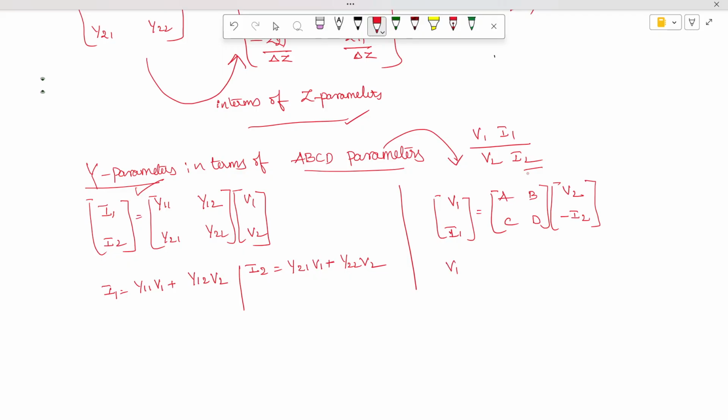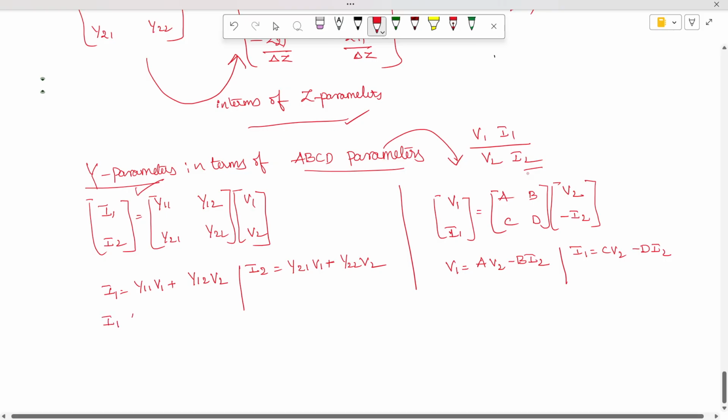Therefore V1 is equal to A V2 minus B I2 is one equation. Next, I1 is equal to C V2 minus D I2. Here you can see I want the expression of I1 in terms of V1 and V2.